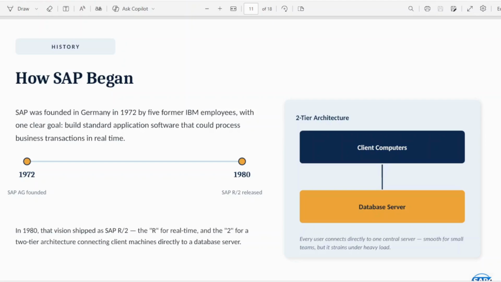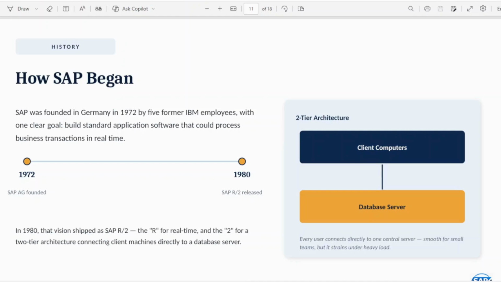In 1980, they released their first product called SAP R2, basically a two-tier architecture. Here the R stands for real time and the 2 stands for two-tier architecture. In this two-tier setup, every user's computer connects directly to one central database server. This worked fine for smaller teams, but as more users joined, the system started to slow down.